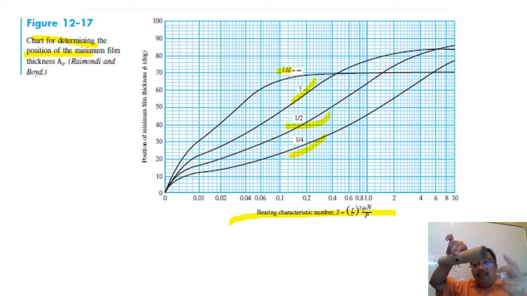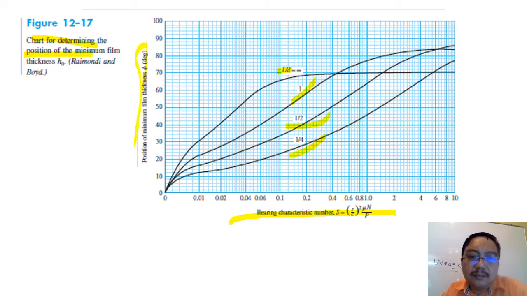Suppose this is the length and this is the diameter. You divide and you know the length over diameter ratio. And then this is the position of minimum film thickness in degrees. We will learn the location of minimum film thickness later.